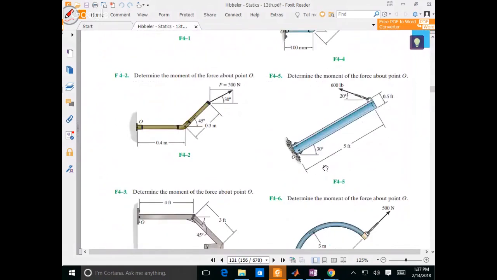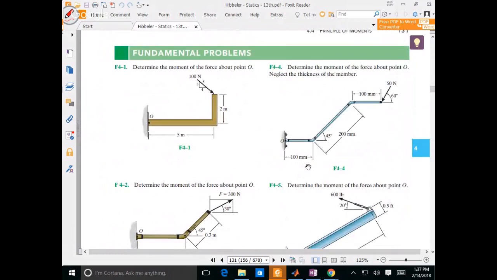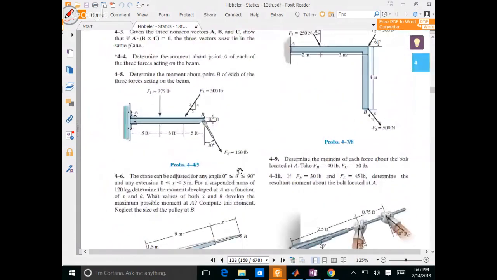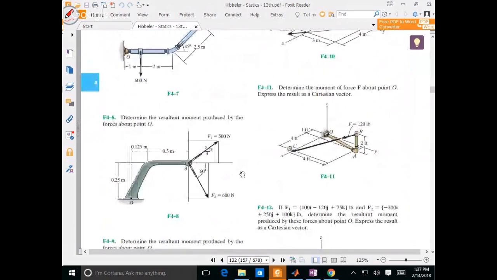So let's just do this 4-1 because that won't take too long, and then we'll go about our business. But what you'll see in here, look at 4-11. 4-11 is grabbing stuff from chapter 2.